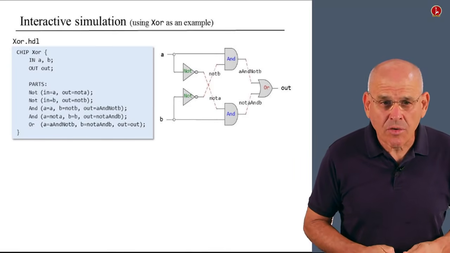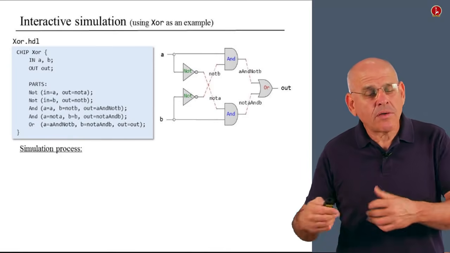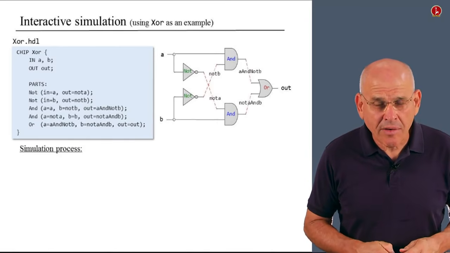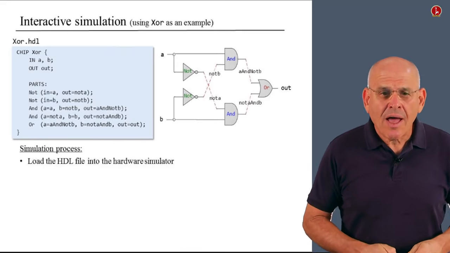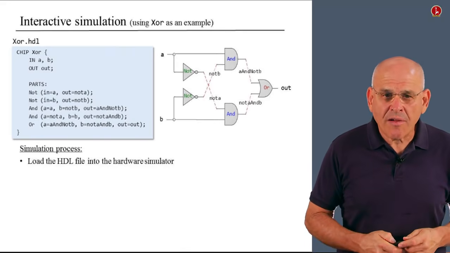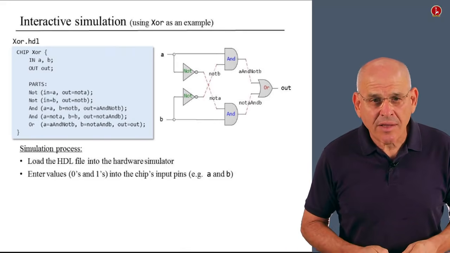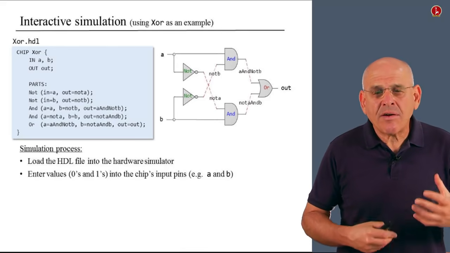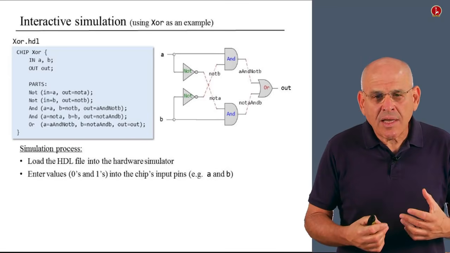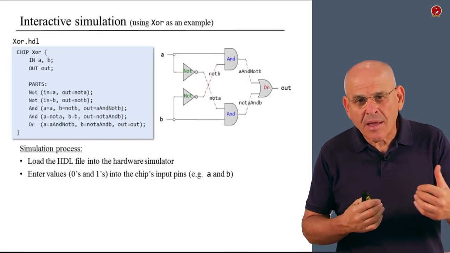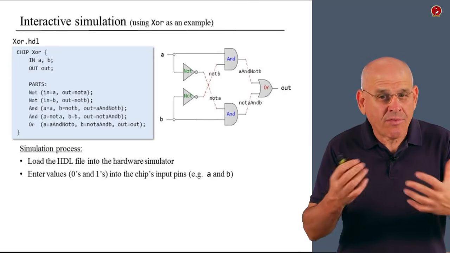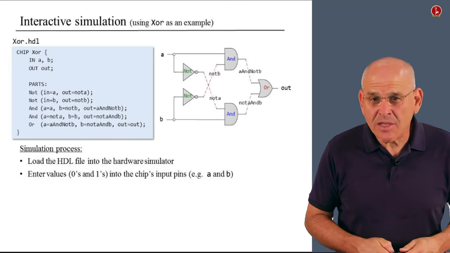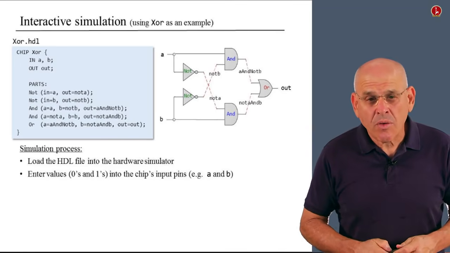Well, here's what we can do. We can invoke the hardware simulator. The program starts running. We can load the HDL file into this simulator, and we can then enter zeros and ones into the A and B inputs and observe what is going on inside the chip. Now, how do we observe what is going on?